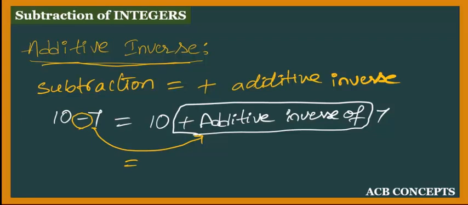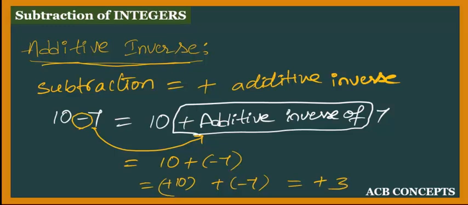So that is equal to plus 10 plus the additive inverse of 7, which is minus 7. So plus 10 plus minus 7. Both are different in sign, so put the sign of the bigger number, plus, and write the difference, 3. Here also 10 minus 7 is equal to 3. Both answers are equal. So finally we conclude that subtraction or minus is nothing but plus additive inverse.